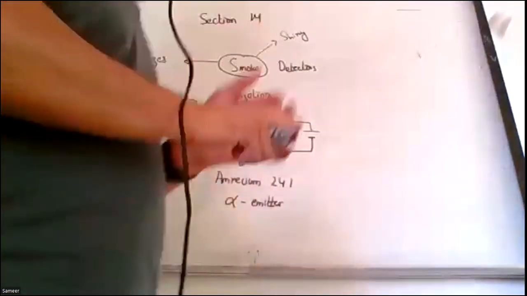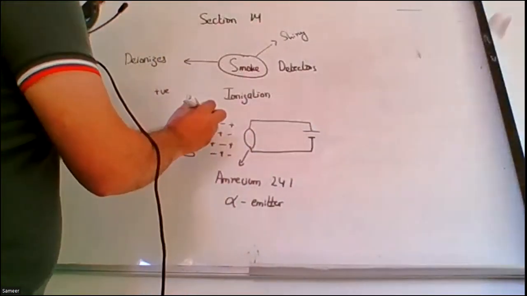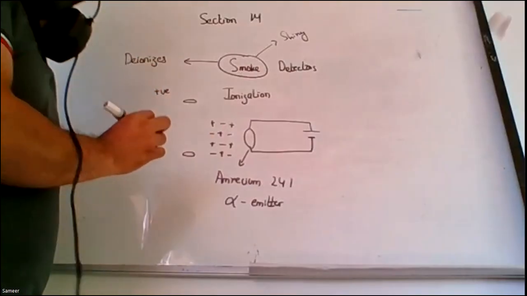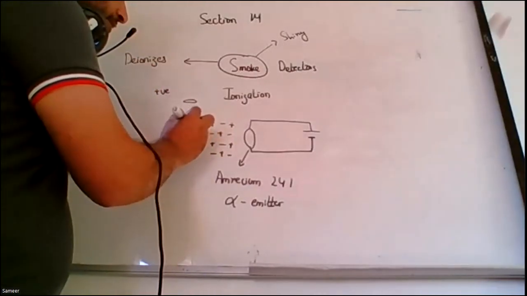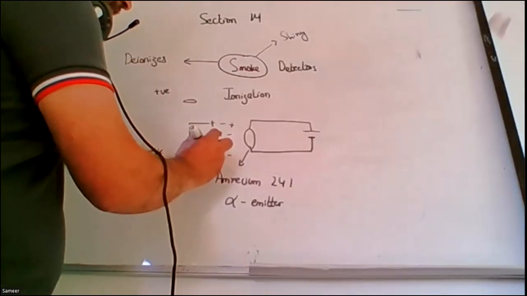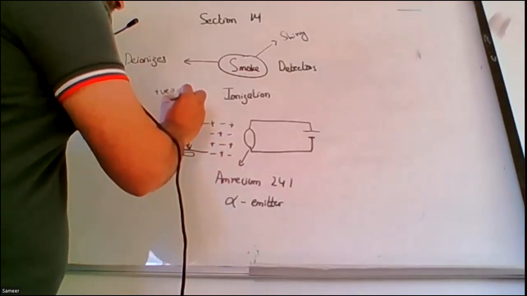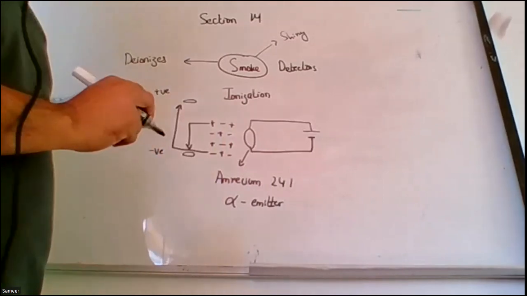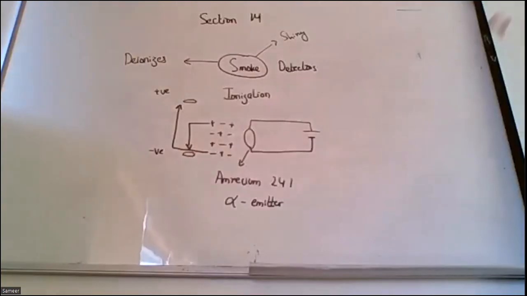So what is going to happen here is that the positive ions are going to be attracted towards the negative charge plate, right? And the negative ions are going to be attracted towards the positive charge plate, right? So this principle will go on for all the ions that are available.